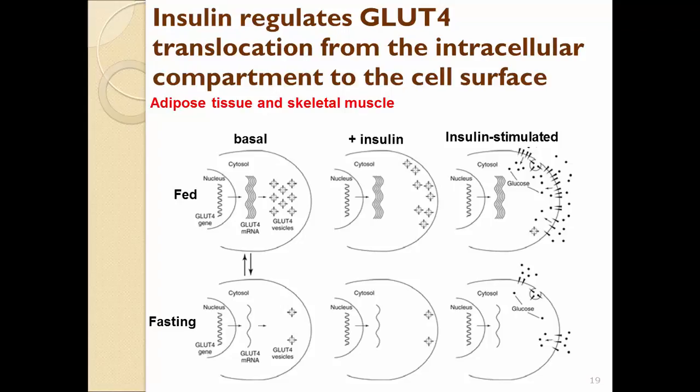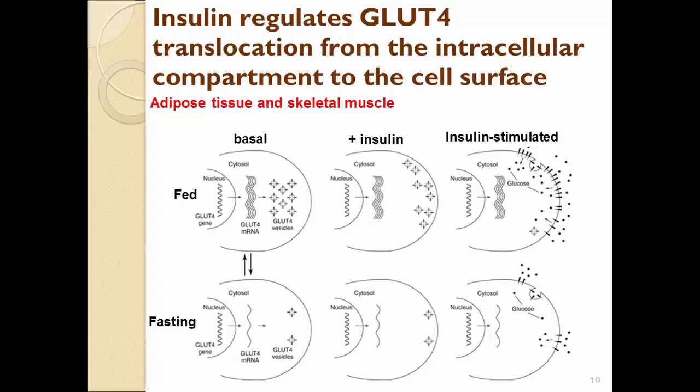In the basal condition, as we call it, insulin levels are low, right? And once insulin levels increase in the circulation, in the blood, insulin can stimulate GLUT4 translocation from inside of cells to the cell surface, right? And then you see a lot of glucose.